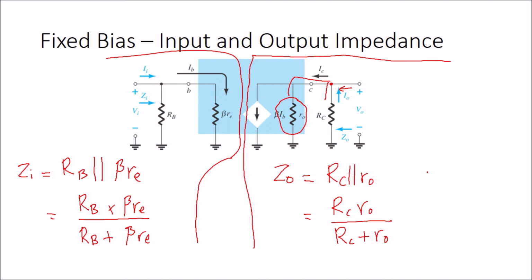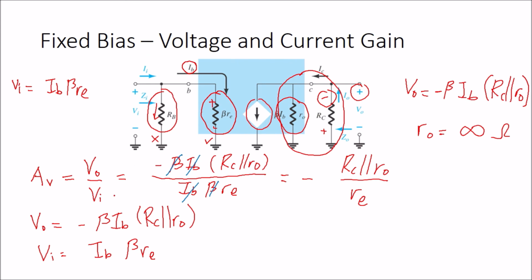So meaning that Z naught is equal to RC if R naught equals infinity. So just substitute the value here: instead of RC parallel with R naught, it's going to be only RC. So this equation will be minus RC over RE.